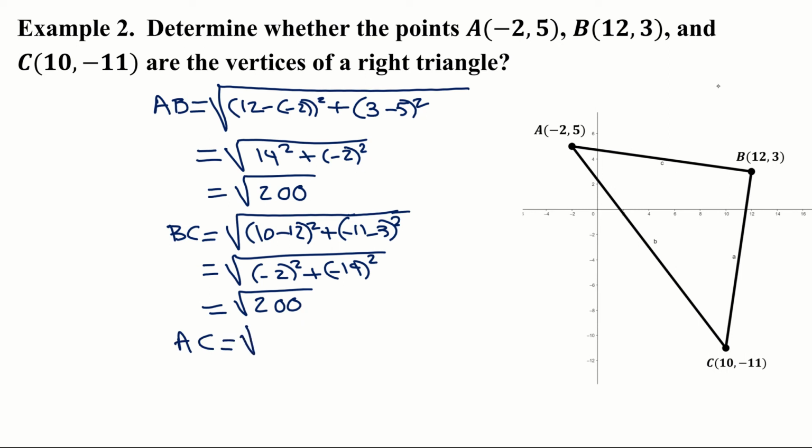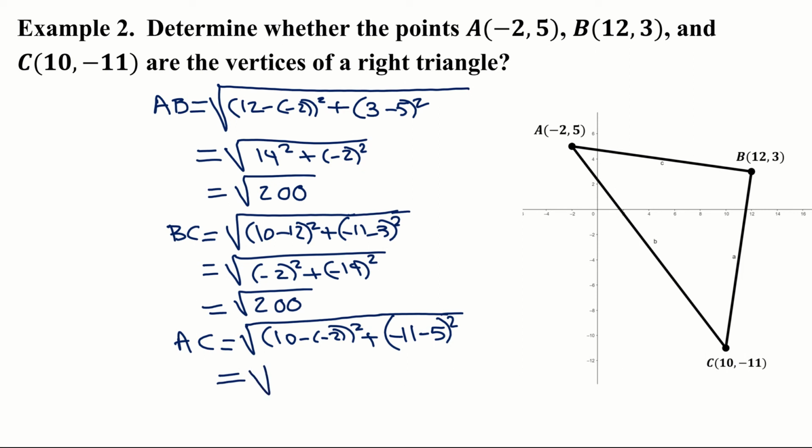which is going to be the square root of x2 minus x1, so 10 minus negative 2 squared plus negative 11 minus 5 squared.